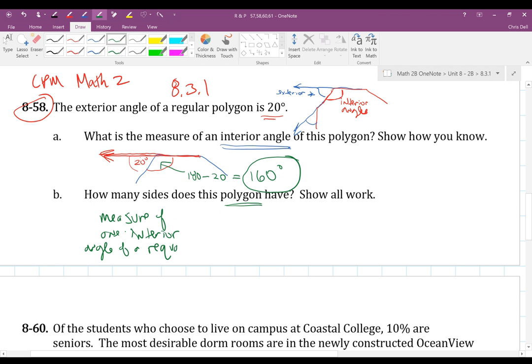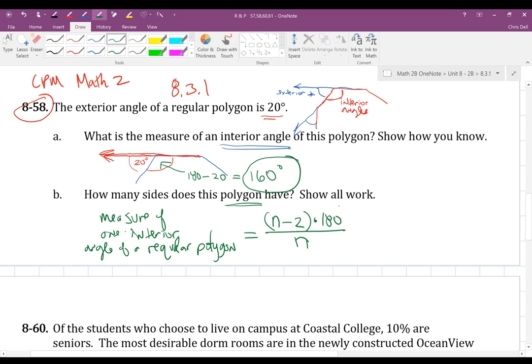That's important. It's got to be regular, meaning all the sides are equal. The formula for that is knowing the number of sides, subtracting 2, then multiplying that by 180, and then from there dividing that by the number of sides. So that's how we would determine the measure of one interior angle of a regular polygon.